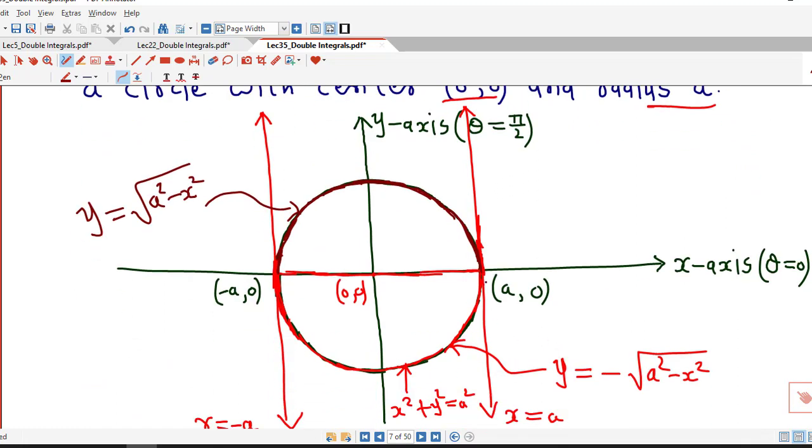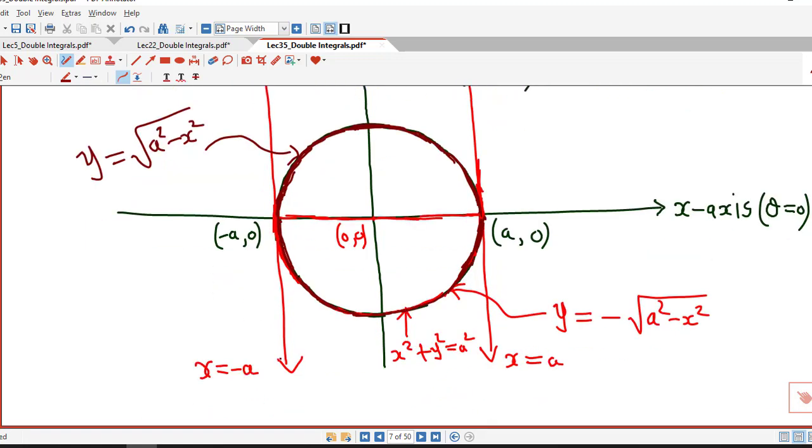So y is from this negative square root of a square minus x square, which means our lower boundary for y is the boundary of the lower semicircle, and the upper curve is the boundary of the upper semicircle. So y is on this circle, the whole circle we have to consider, and x is between minus a and a. So x starts from minus a and it goes up to a.